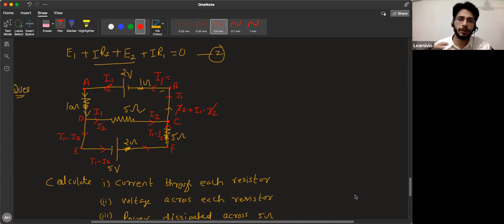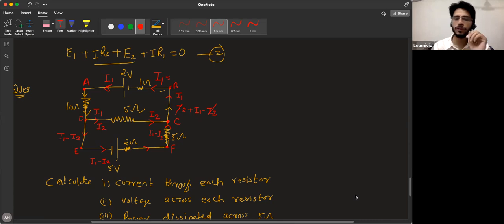Okay, Yashika, just tell me. Is this division unique or can we have different types of divisions in the same circuit? What does different division mean?